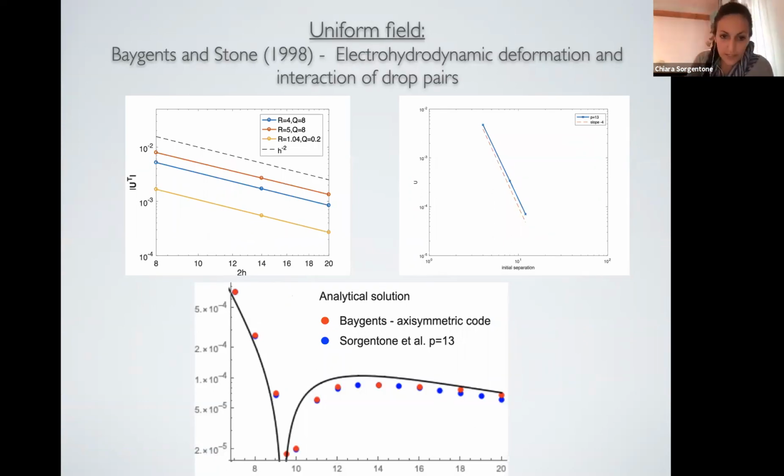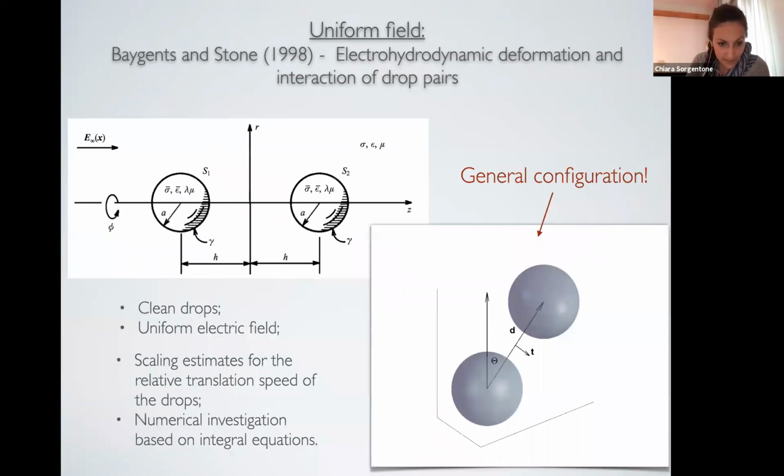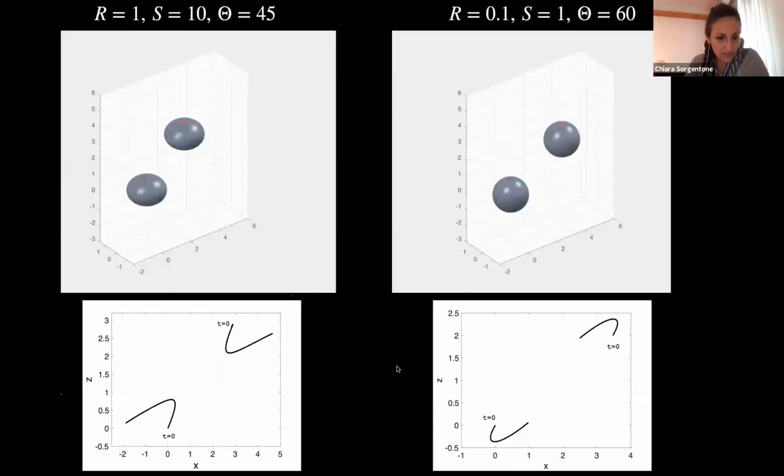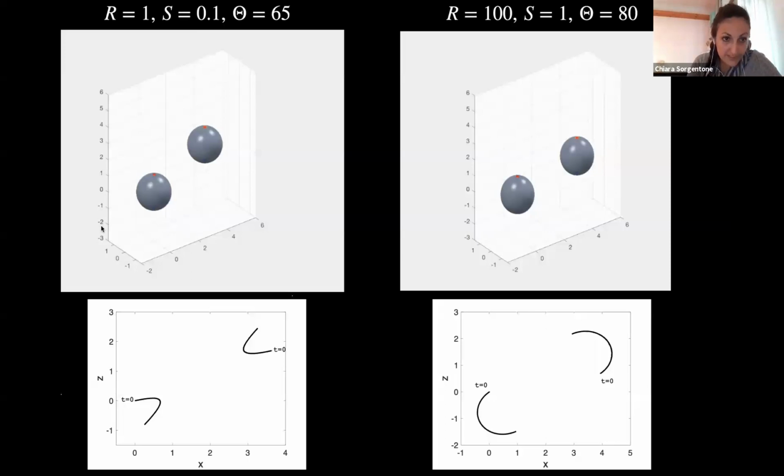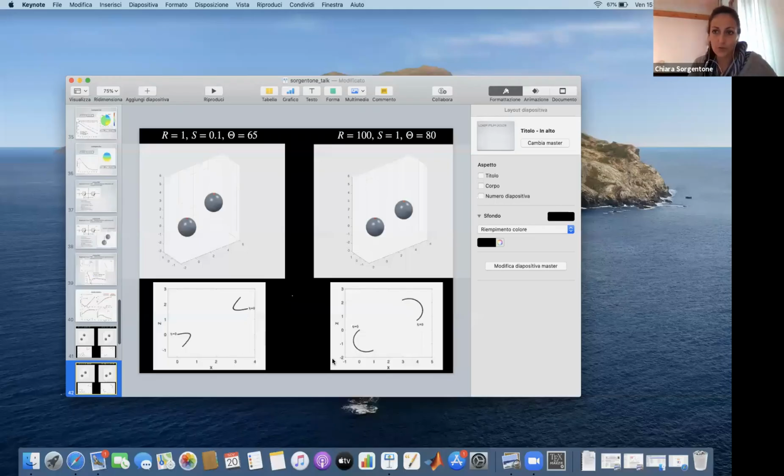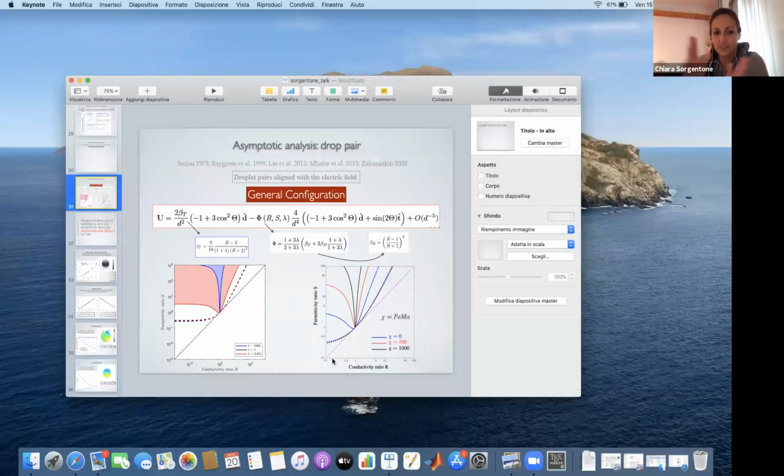But theoretically, in the phase diagram, the theory is for general lambda. It just changes the area of this shaded region, as you can see.